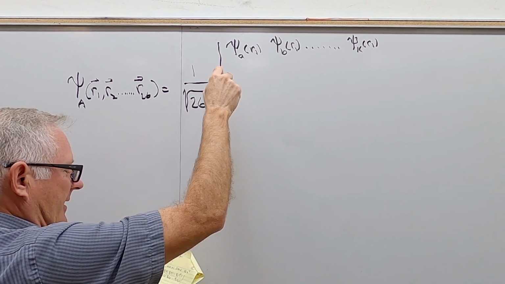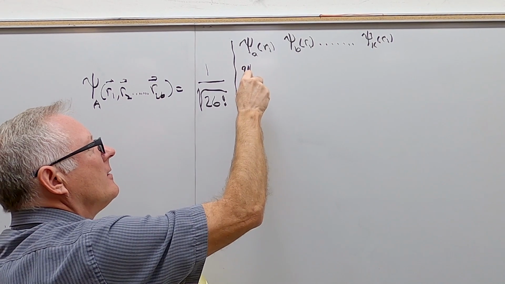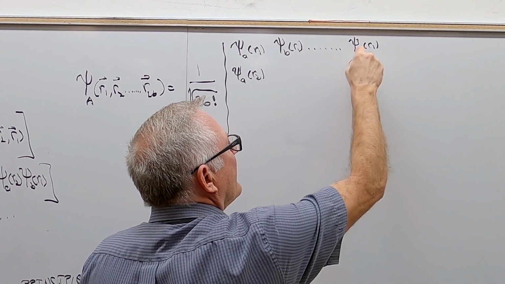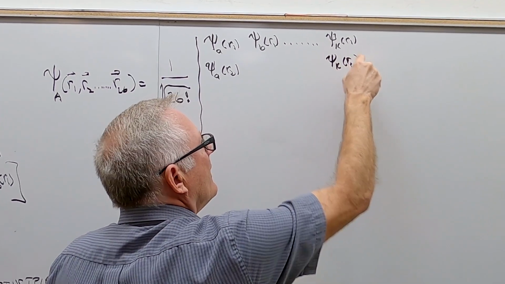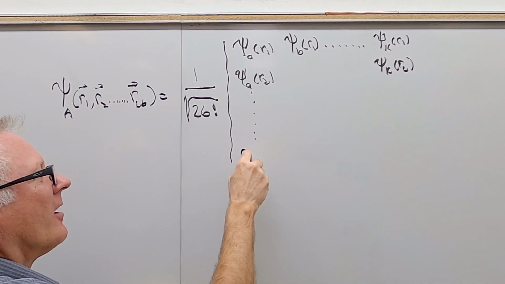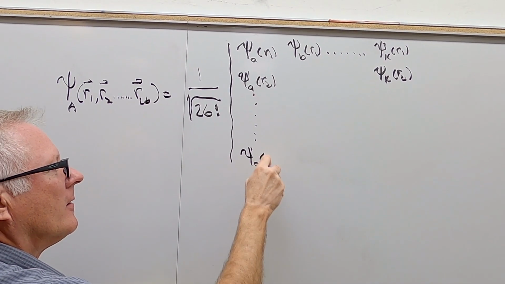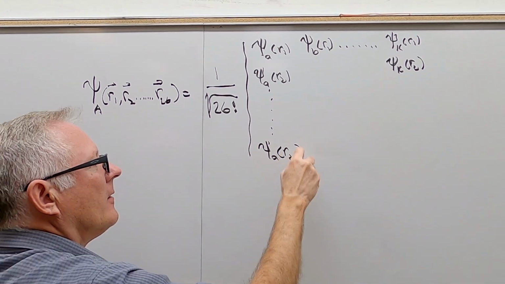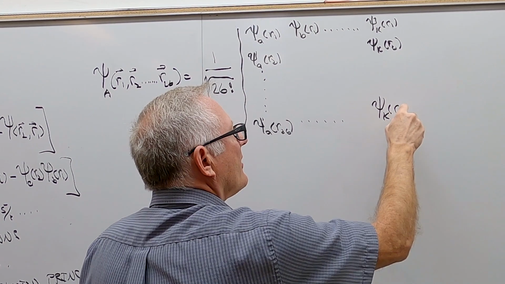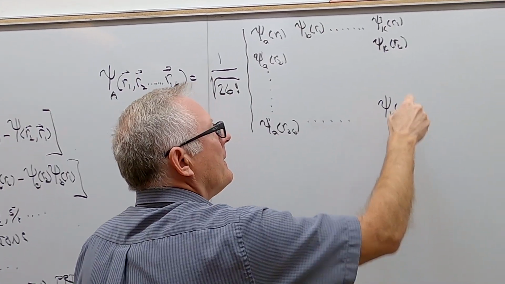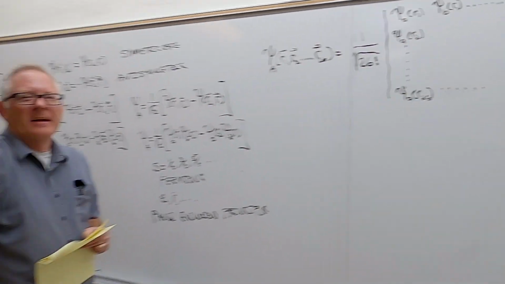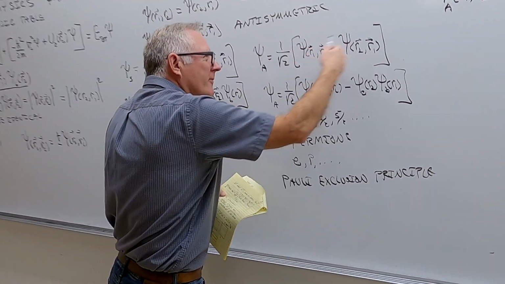Then the next line you'd have psi A of R2, psi B of R2, all the way across to psi K of R2. And then you just keep going all the way down till you have psi A of R26, psi B of R26, all the way across to psi K of R26. You calculate this determinant. The determinant of that would give you this state for iron.